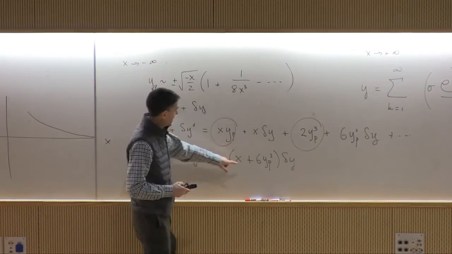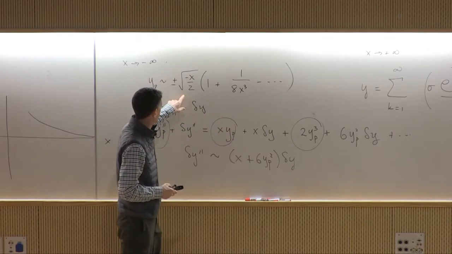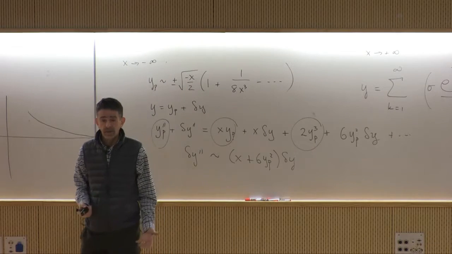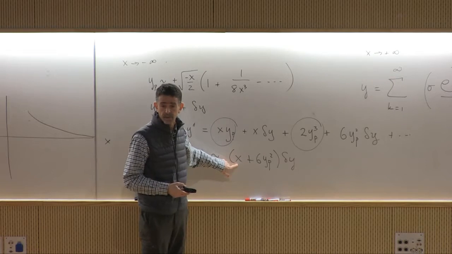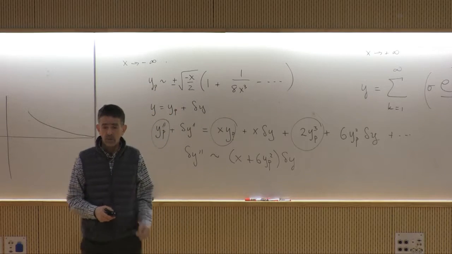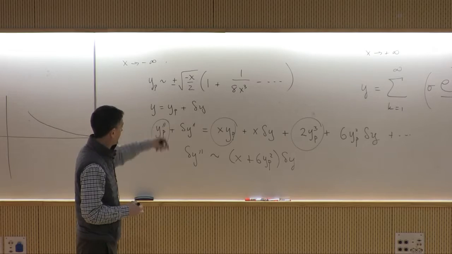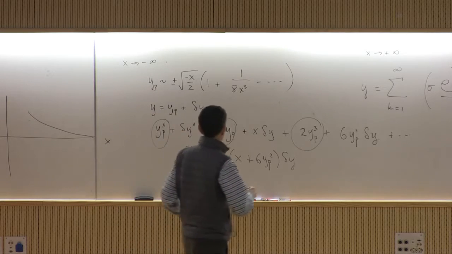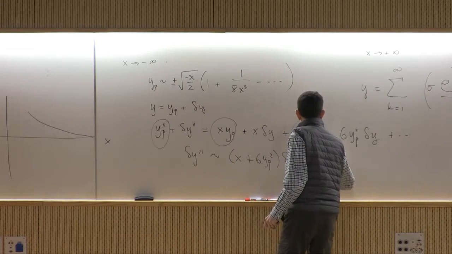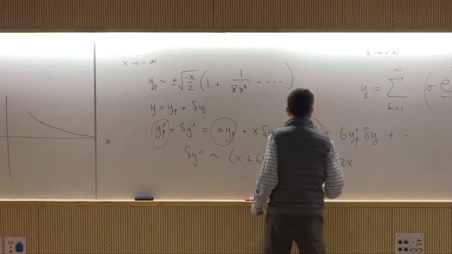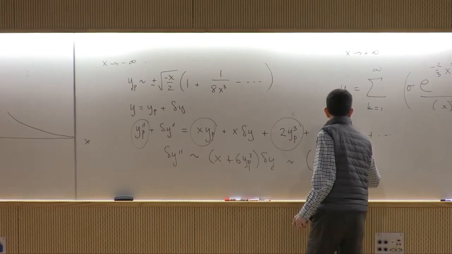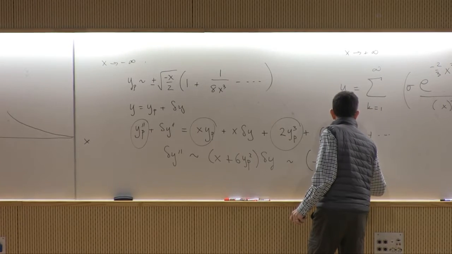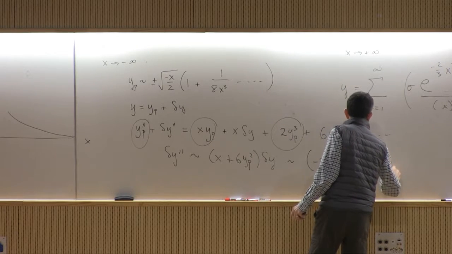Now, at large negative x, yp squared is going like x. So it's the same order as this thing. Okay, so I have to keep it in relation to that. And in fact, if I keep the next term, I find that this thing is minus 2x. And then I think it's minus 3 over 4x squared.